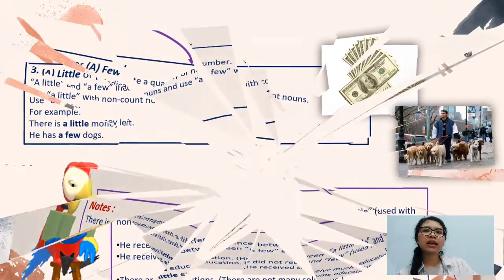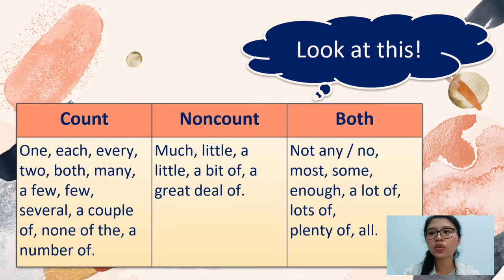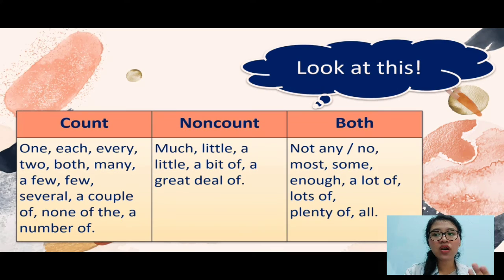And then the next, please look at this. Here is a table of quantifiers which summarizes which types of nouns, count nouns and non-count nouns, these adjectives can be used with. For example, for count nouns: one apple, two apples, each apple, every apple, etc. For non-count nouns, for example, I don't have much money.